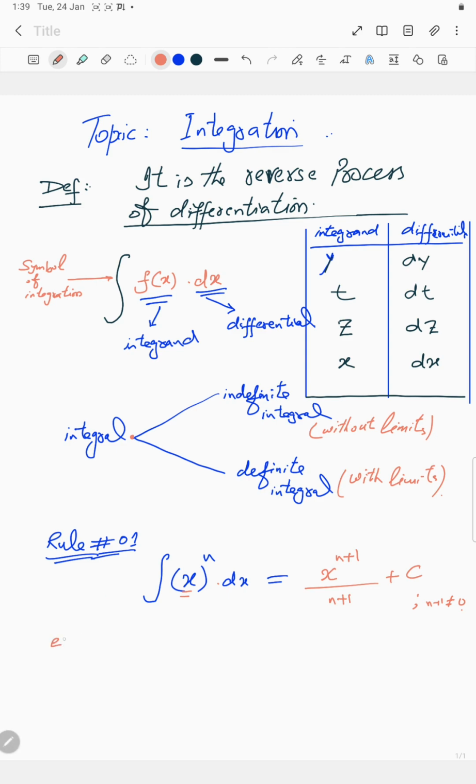We will do a simple example of it. If you have x power 3 dx, the function is x and its differential dx is along with it. As per the rule, you add 1 to the power, it becomes 4. So divide the result by 4 plus c. C is called the constant of integration.